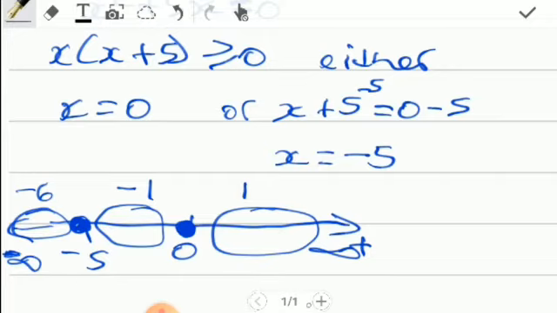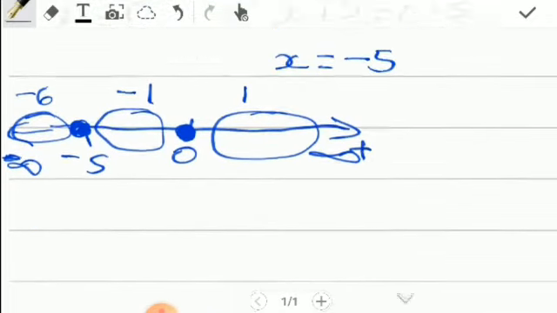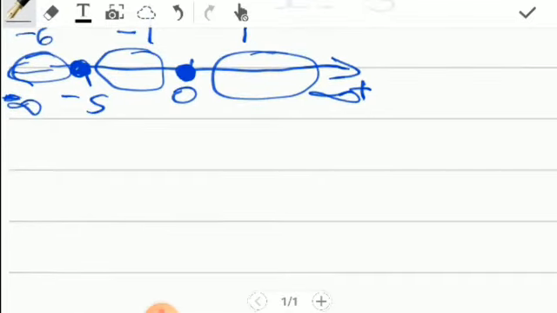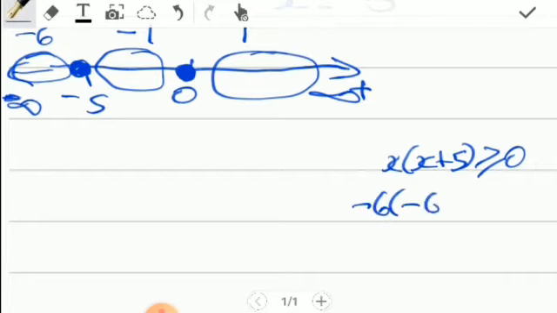Let us check some of the values. We want to see when we have a positive number in these sections. Using x(x + 5) greater than or equal to 0, when x is negative 6, we have negative 6 times negative 6 plus 5.